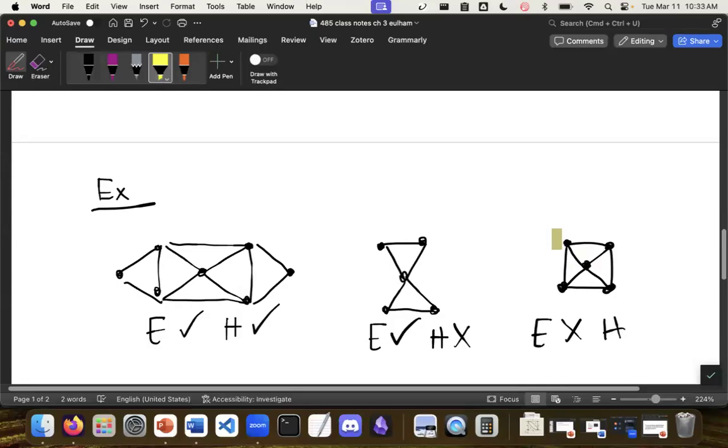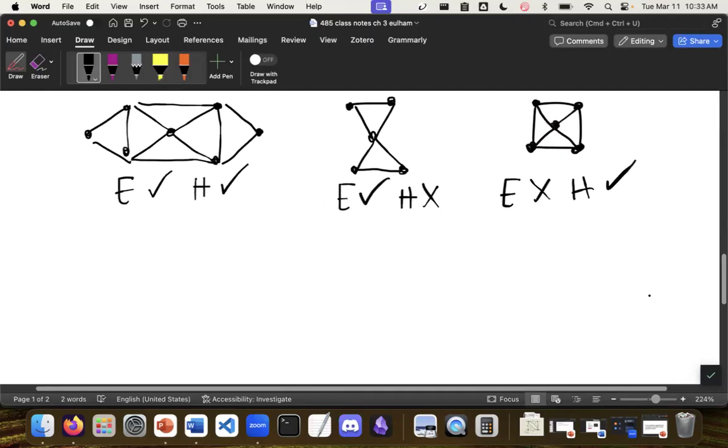So maybe if we start here, we go around. Now we can go in and then take that last edge. Yeah, that makes sense to me. Great. So it's Hamiltonian. All right, let's look at one more.